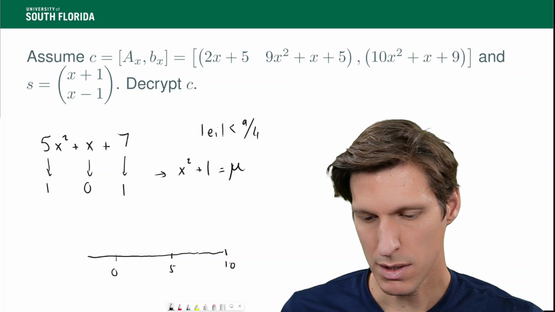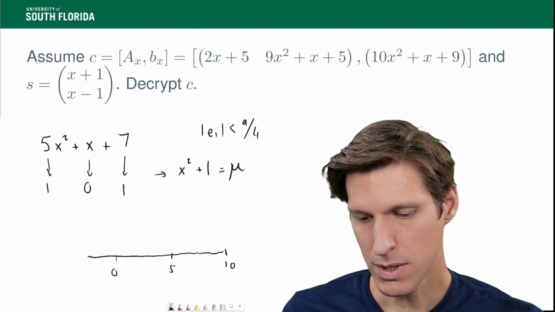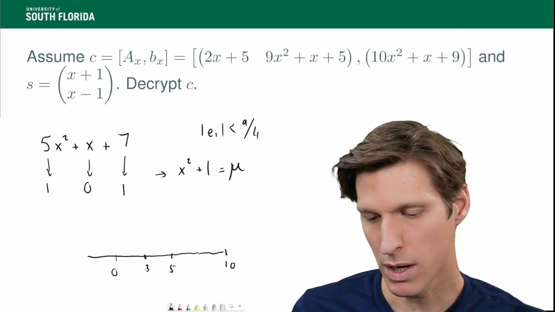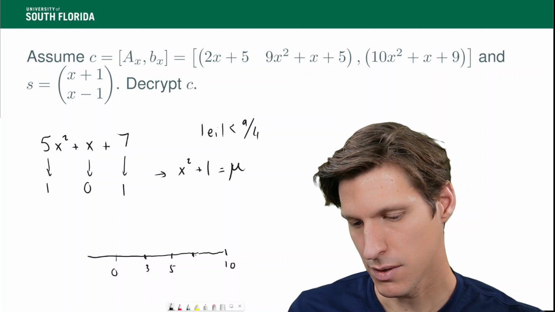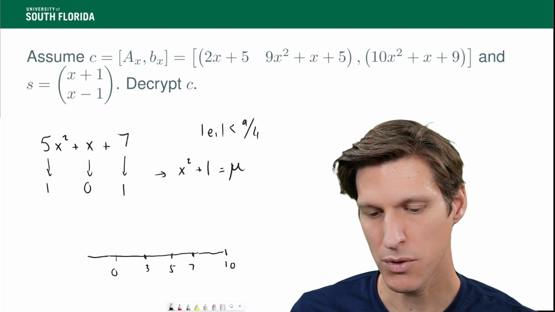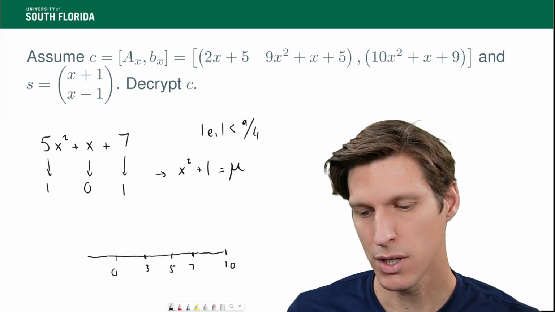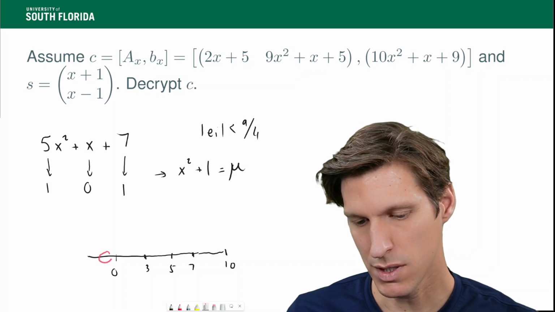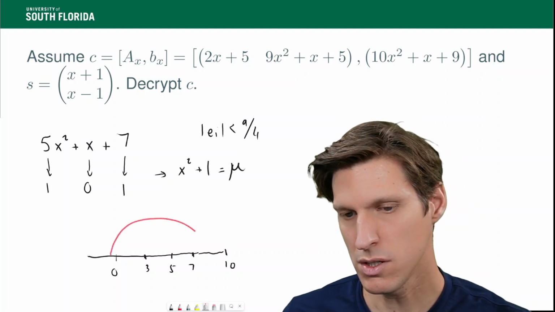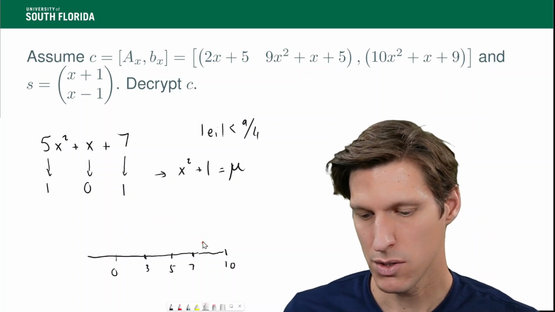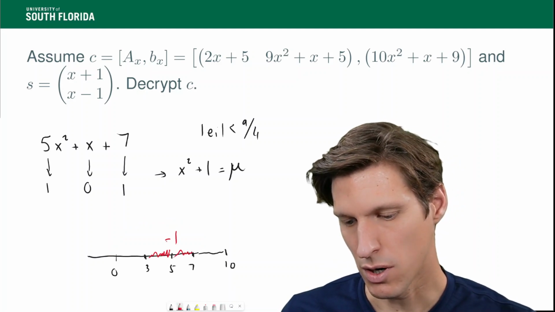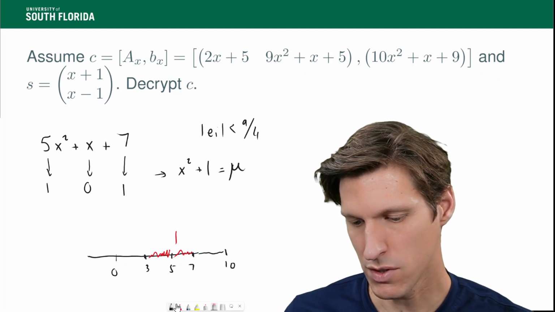So 3, 4, 5, I declare that to be a 1, and then 5, 6, 7, I declare also that to be a 1. But if you have something close to 0 but negative, remember that if you mod by 11, things that are minus 1 or minus 2 will go over here. So you have to be careful. This is a 1.